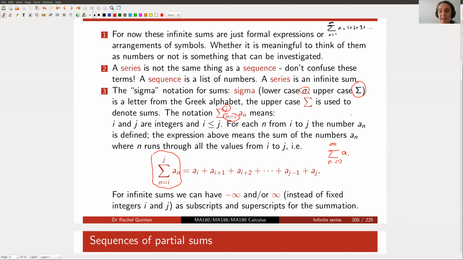So this means a_0 plus a_1 plus a_2, and so on. Obviously, there's no a_infinity, but it just means we add up in our series all the terms for all the natural numbers. So we can have infinity or minus infinity instead of fixed starting and end points in this machinery for denoting sums.